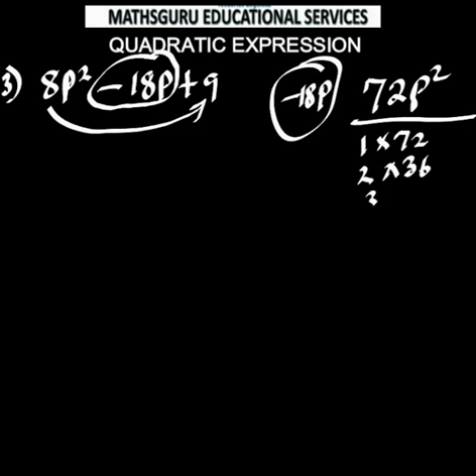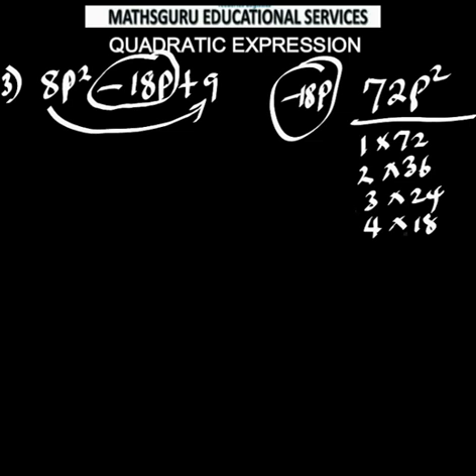Then we have 3 times 24. Definitely we cannot have negative 18p from either subtracting or adding. 4 can go in 72. 4 times 18 will give 72. But this cannot give us this either. No, it can't.